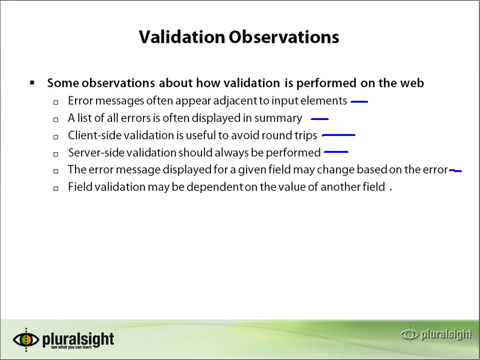And we talked about various types of validation, including cross-control validation, cross-field validation, comparing two values, among other things. So all of these features would be nice to have as part of a validation system, and it turns out all of these features are included in the ASP.NET validation controls.